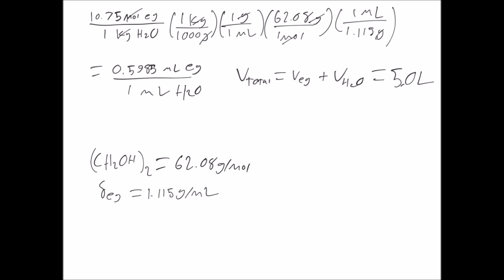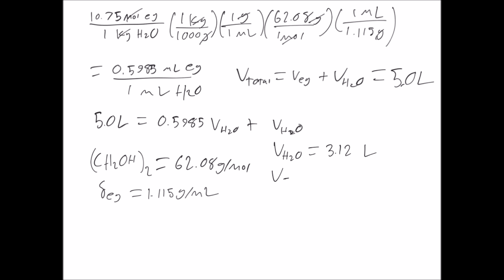So since we have this ratio, we can just substitute it in and get that the total volume, 5 liters, is equal to 0.5985 times the volume of H2O plus the volume of H2O. Calculating this out, we find that the volume of water we need is equal to 3.12 liters.